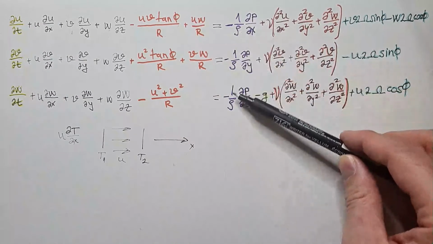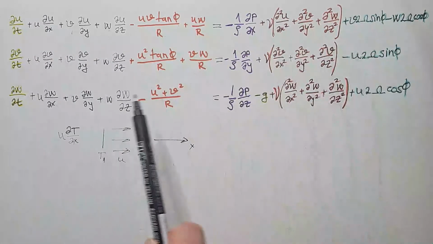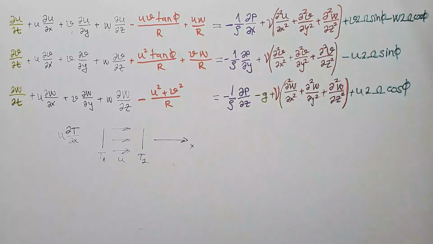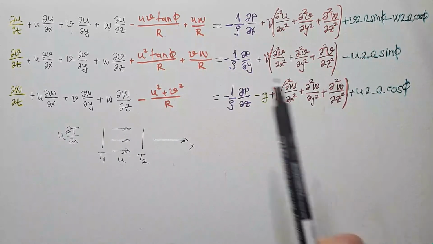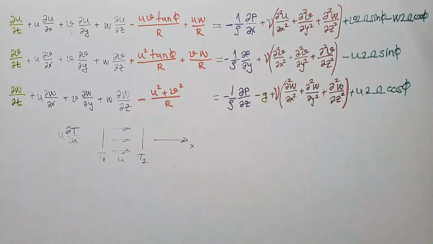The next three terms are pressure gradient force, and they are good boys. Pressure gradient force is the only force in these equations that can initiate motion of air, or for that matter, water or any other fluid explained by these equations.